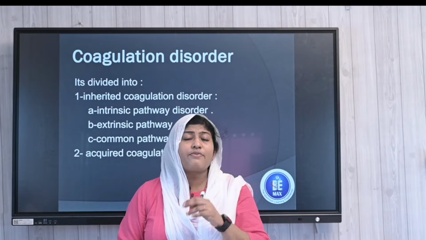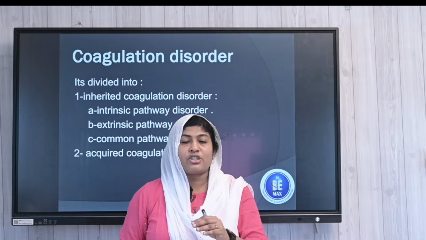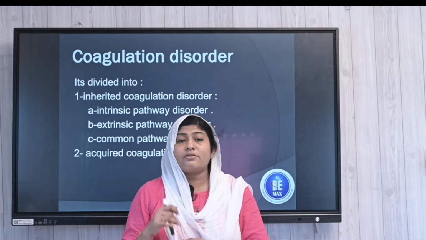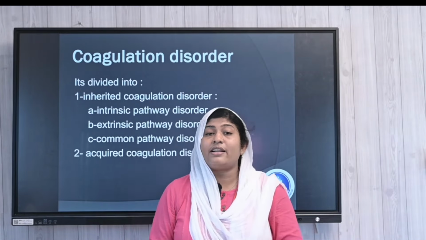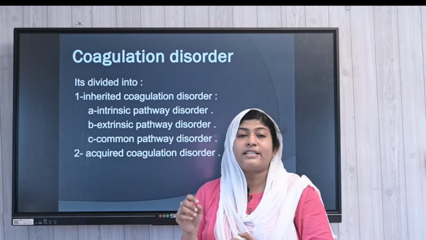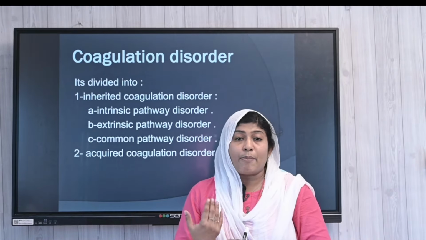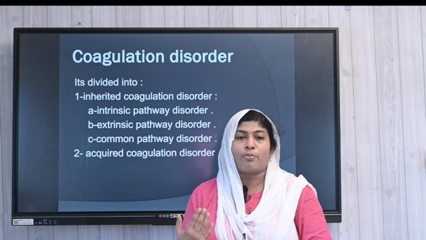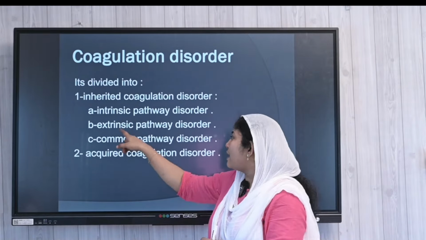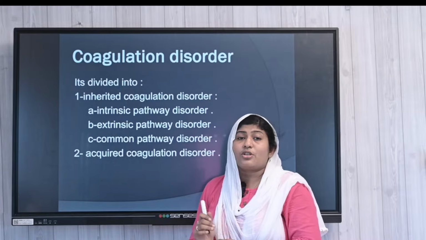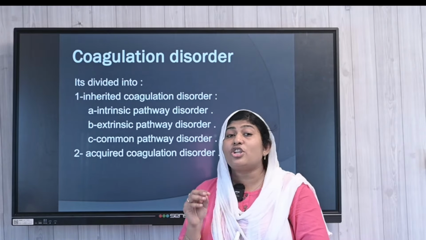If any of these factors is deficient, how can we identify it? A deficiency of factor 12, 11, 9 or 8 can be detected using the APTT test, activated partial thromboplastin time. Then the second pathway, the extrinsic pathway, is activated by tissue contact.